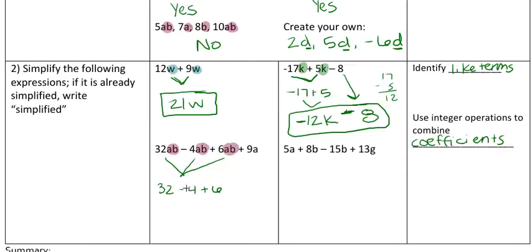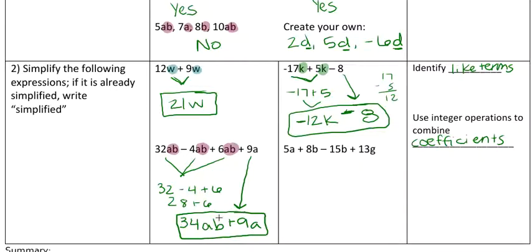So 32 minus 4 would be 31, 30, 29, 28. So it would be 28 plus 6. 28 plus 6, right? 29, 30, 31, 32, 33, 34. So 34, and the variable part was AB. Now this plus 9a just sneaks in at the end. Plus 9a. And that is it. We can't combine those two. They are not like terms, because this one is counting a's and this one is counting ab's.